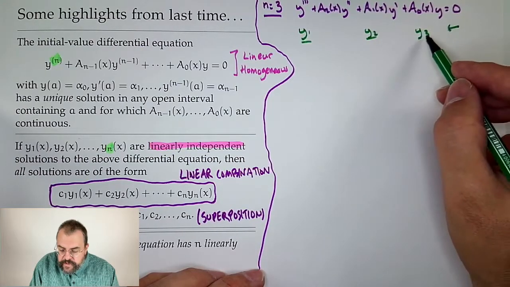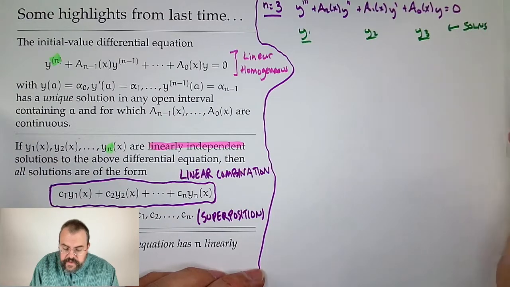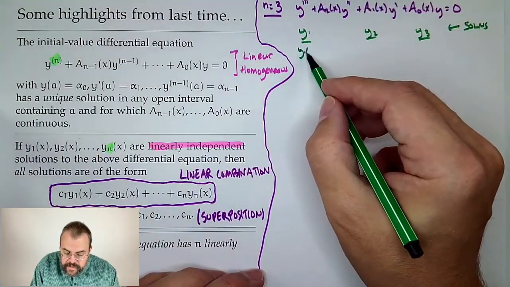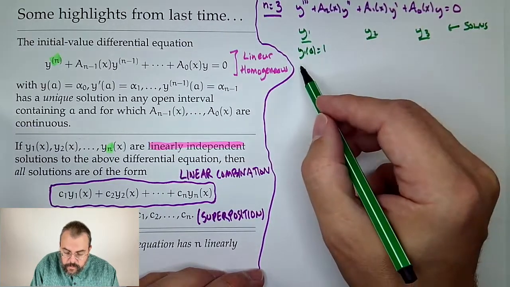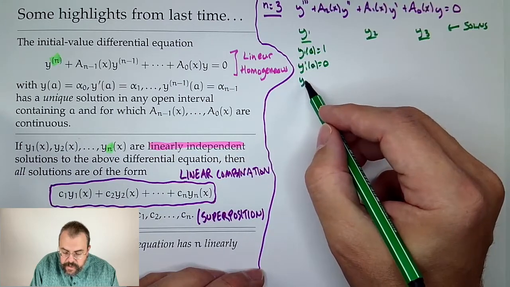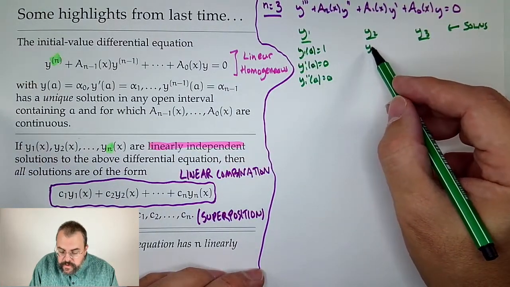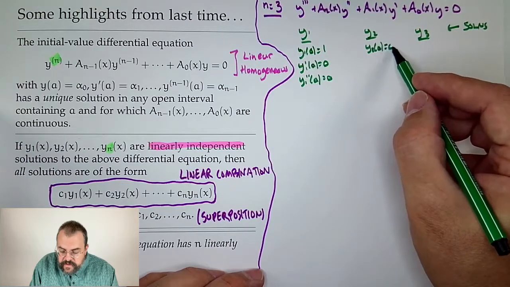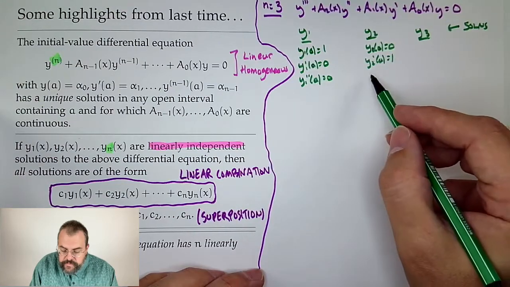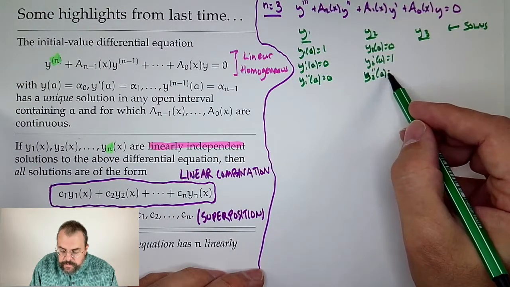And these are all solutions. So the only thing I need to do is tell you what the initial conditions are. So y1 at a will be 1, y1 prime at a will be 0, and y1 double prime at a will be 0. y2 will be slightly different. The function at a will be 0, but now the derivative at a will be 1, and the second derivative at a will be 0.